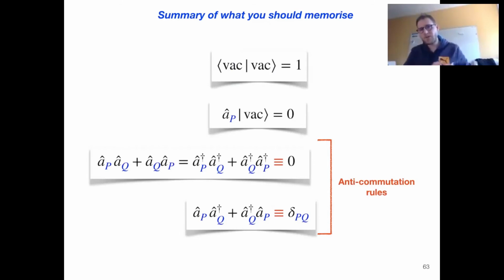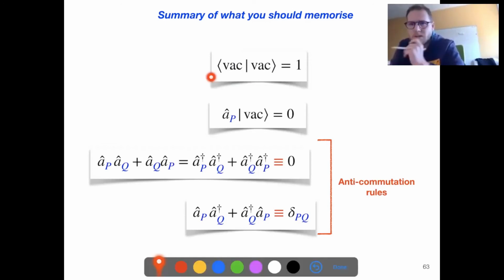Of course, in the rest of this presentation I will show you how to use it and why it's useful. So what did we learn? We learned that we have a vacuum state, and it is normalized. We learned that we cannot, of course, remove something that does not exist. So every time you apply the annihilation operator to the vacuum, you get the zero vector.